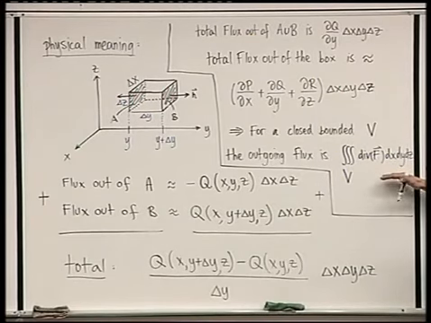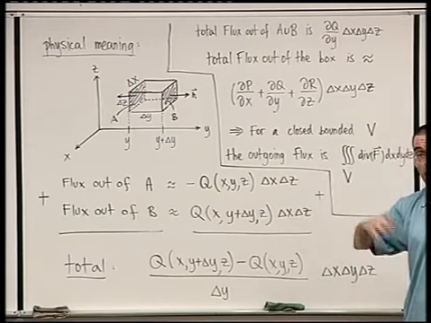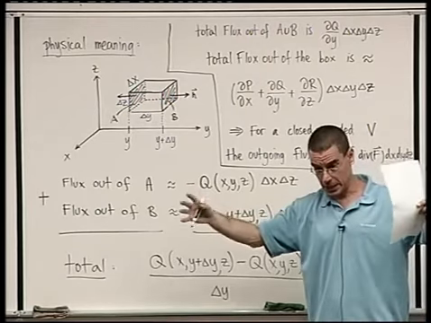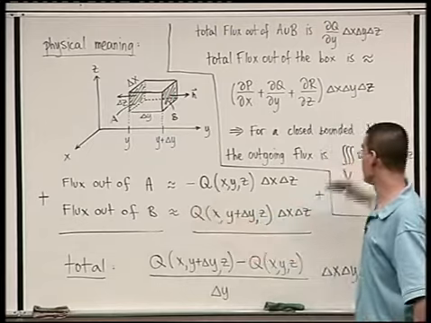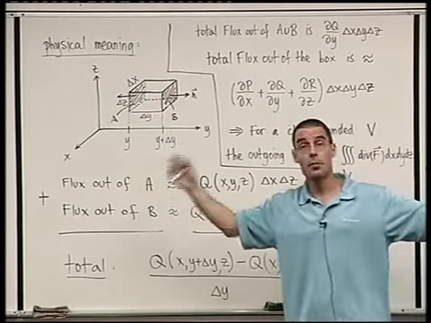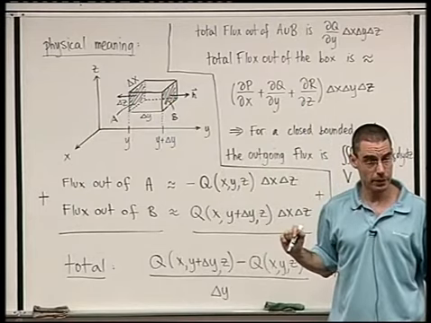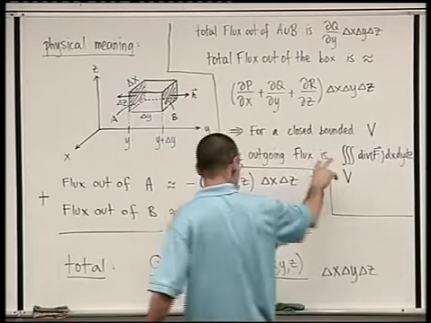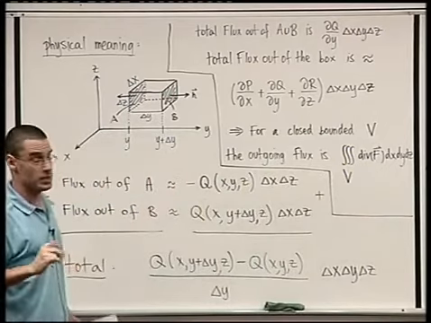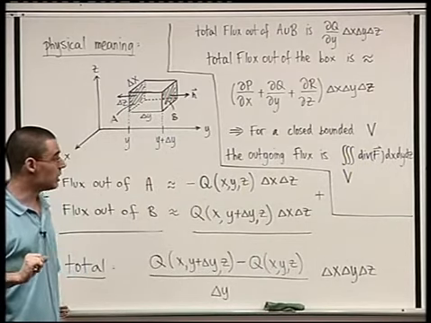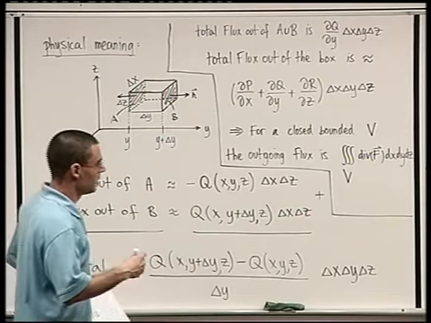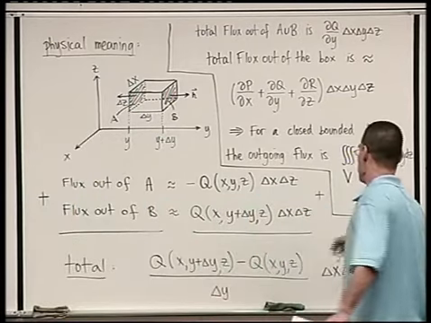This is the physical interpretation of the divergence. If you integrate the divergence of a field over a volume, over a solid, what you get is the flux coming out of the solid, providing that you think of the normal pointing outwards at every point. Okay? And this is precisely what Gauss's theorem is going to say, but that's going to be in the next slip. This is going to be Gauss's theorem.